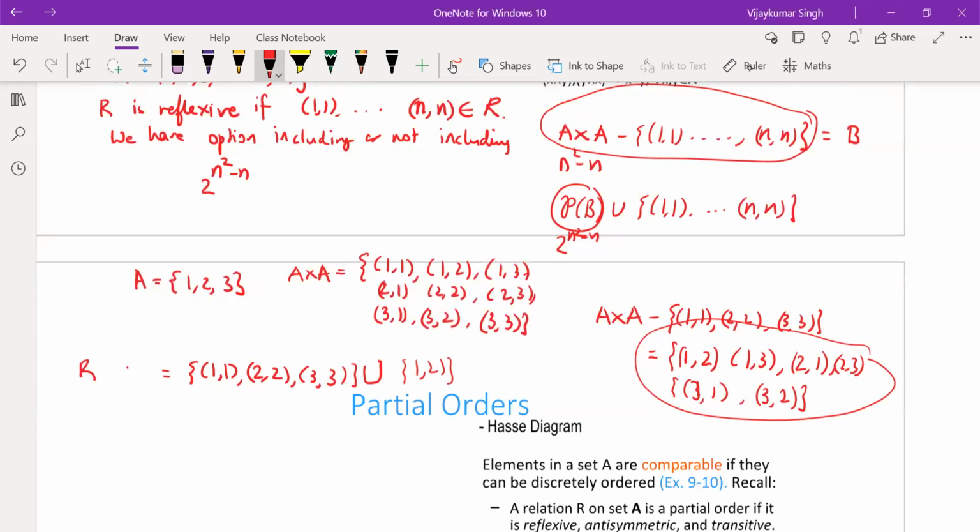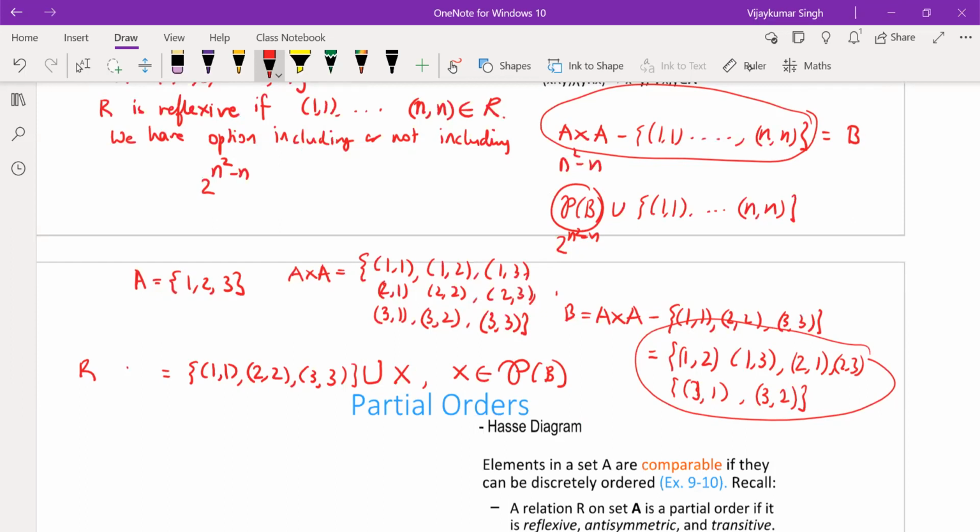then it will still be reflexive. Do you agree? So I can do union with any set X where X belongs to the power set of this, whatever you want to call this. Let this be B. If I take the union with the power set of B, then I will get all possible relations which are reflexive, because (1,1), (2,2), (3,3) is there.